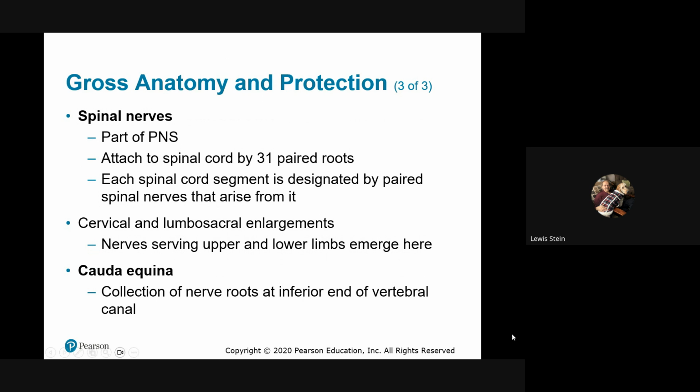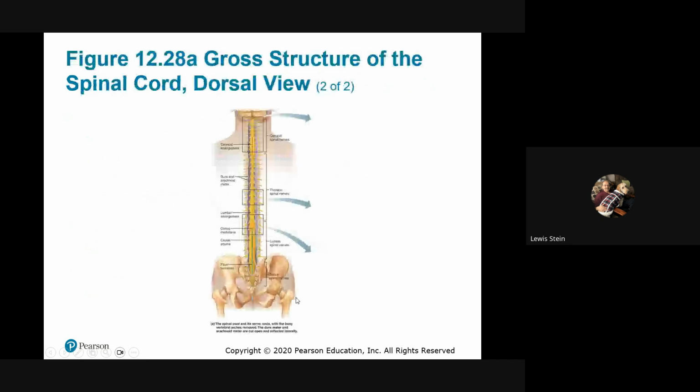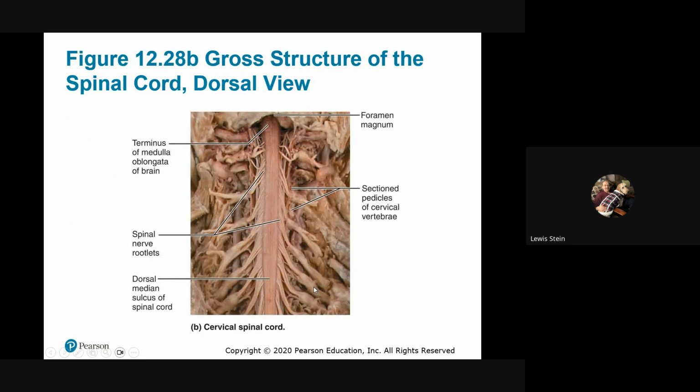Okay. Cauda equina, I said that. Same here, a better illustration. So when a nerve comes out, it's not one piece. It's a combination of these little things called rootlets.